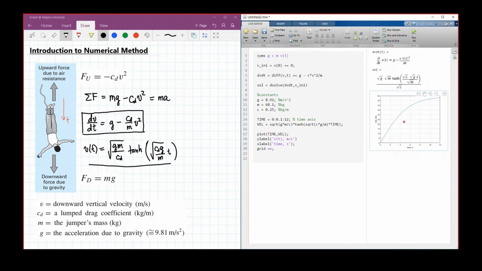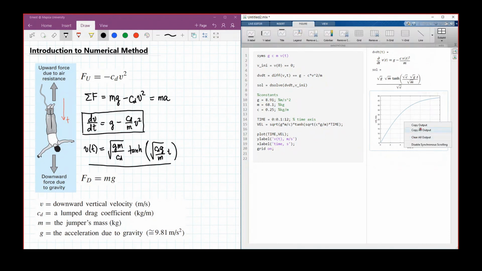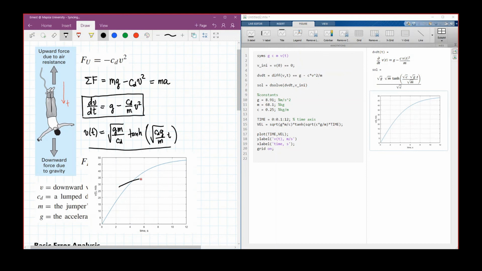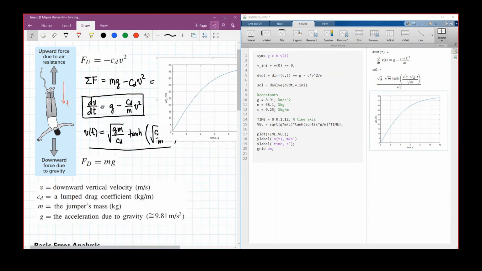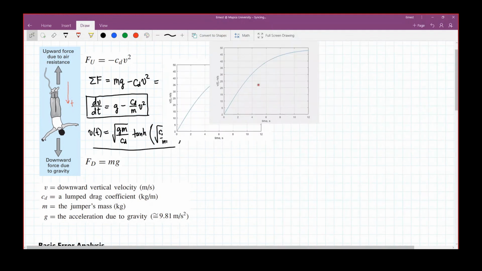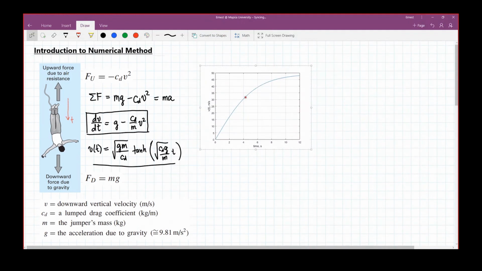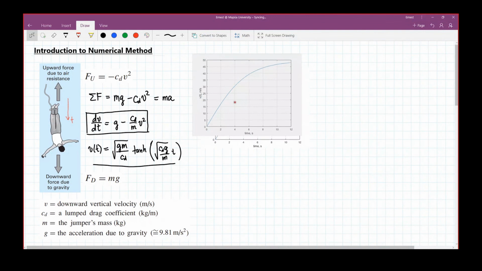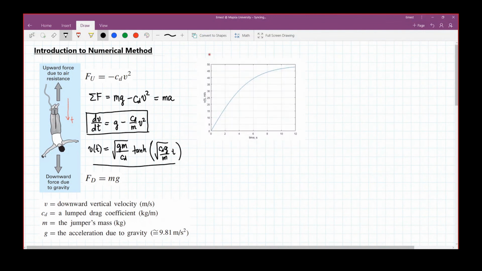Okay. So let's copy the output, and then let's try to save it here. Okay. This is the output. Okay, so we call this output the analytical solution.